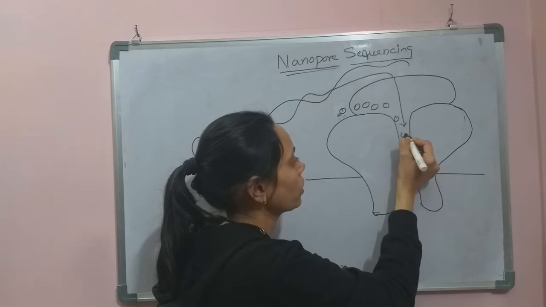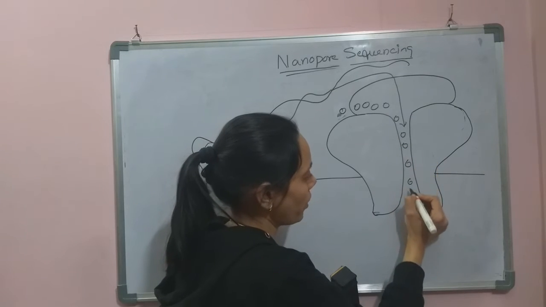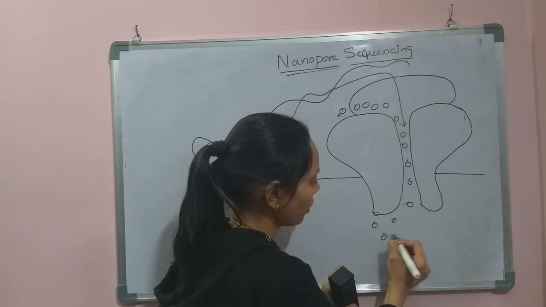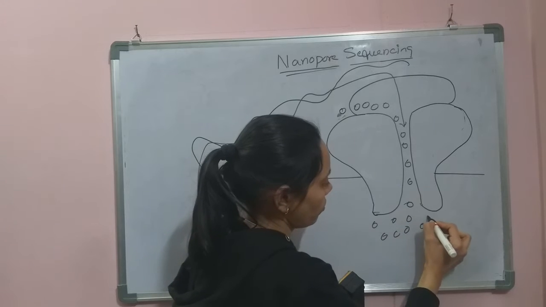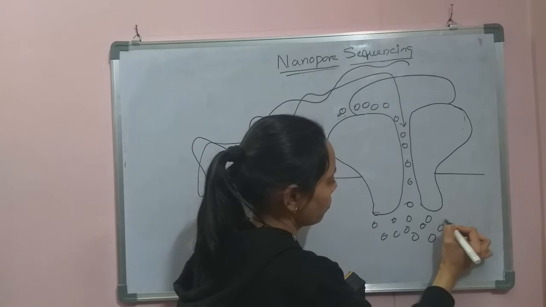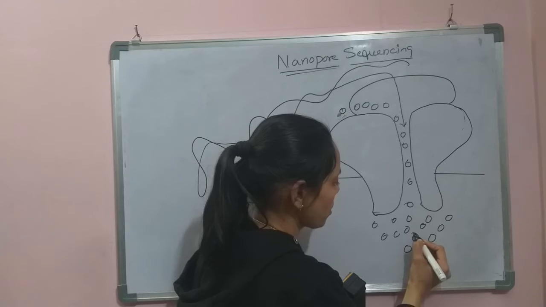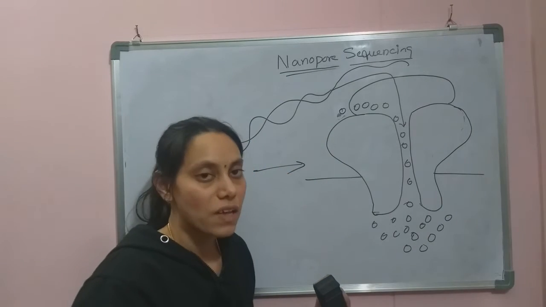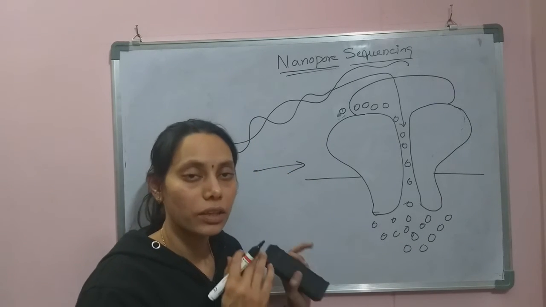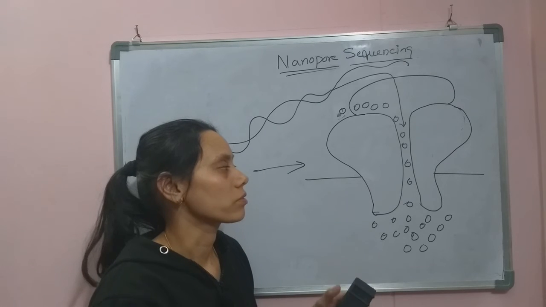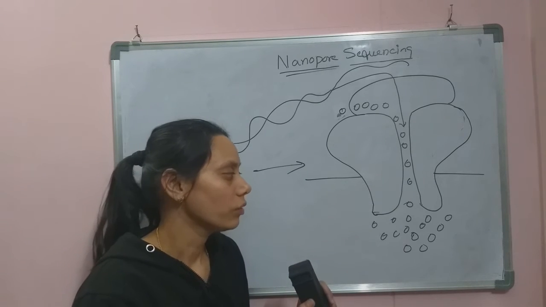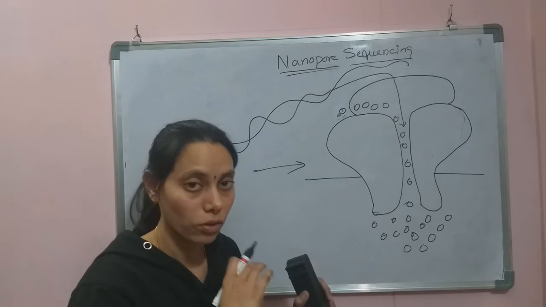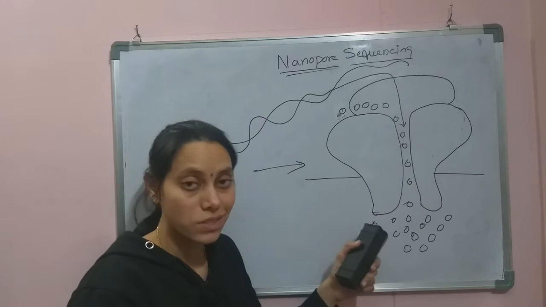Small ions will pass through this membrane when the electrical field is applied across it. So these ions will cross the membrane through this nanopore.